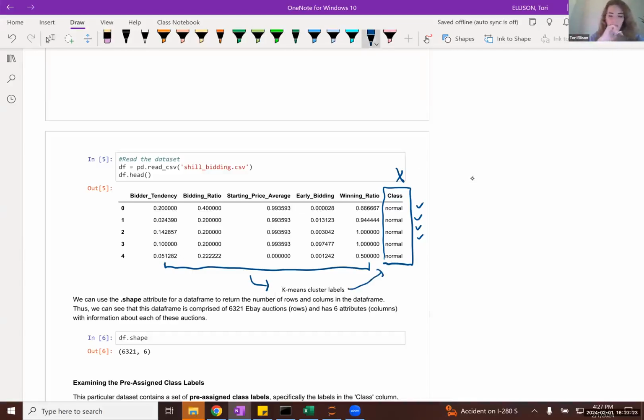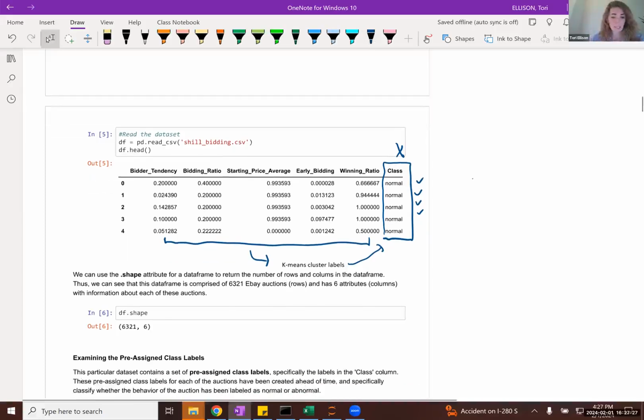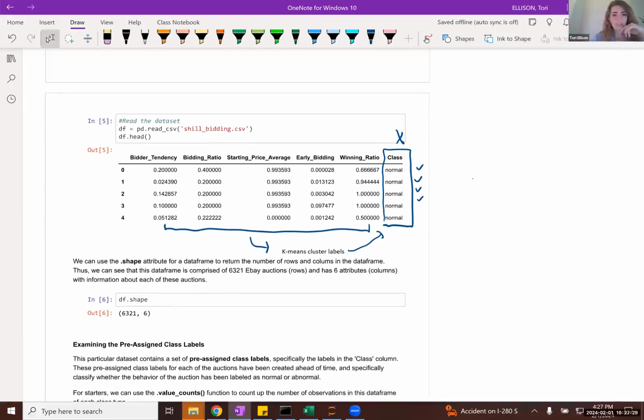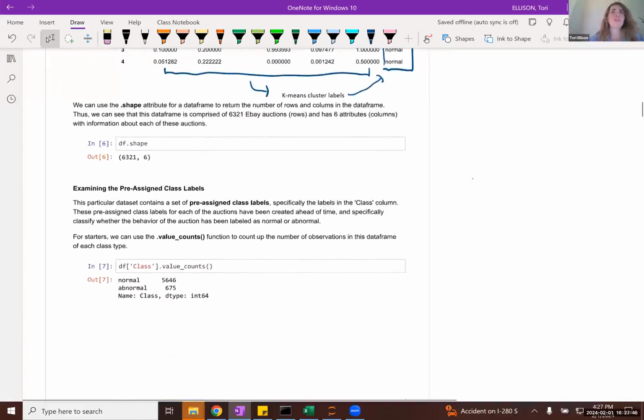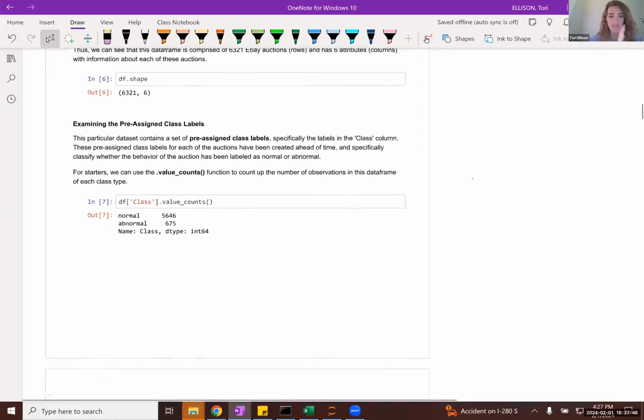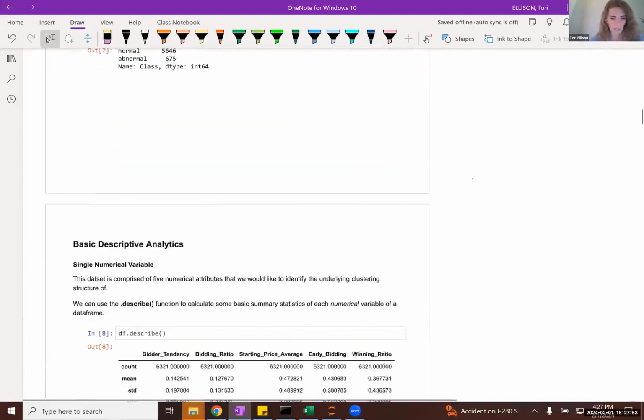So our overall goal in this particular analysis is to answer a question: is there an association between the clustering structure of this data set and whether or not the auction was normal or abnormal? Or in other words, whether there was no shill bidding or shill bidding involved. Okay, so we're simply focusing on unsupervised clustering evaluation metrics now. So we'll put those pre-assigned class labels away for the moment.